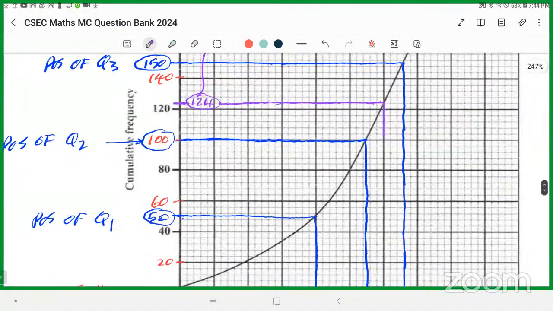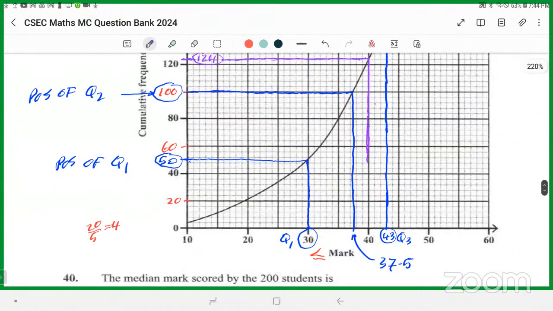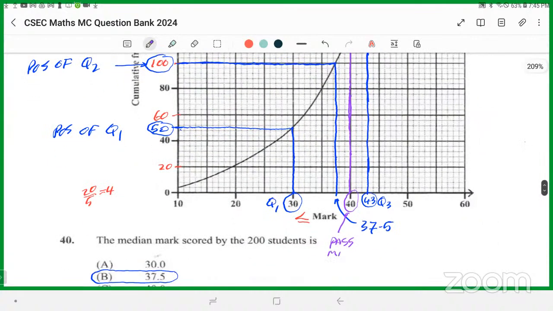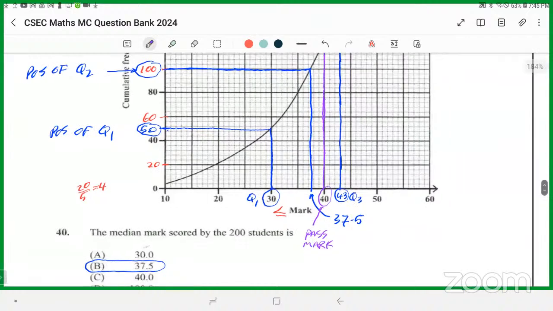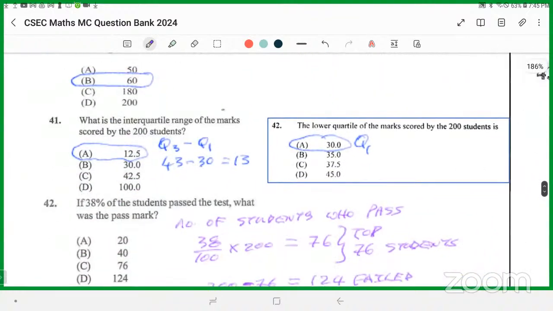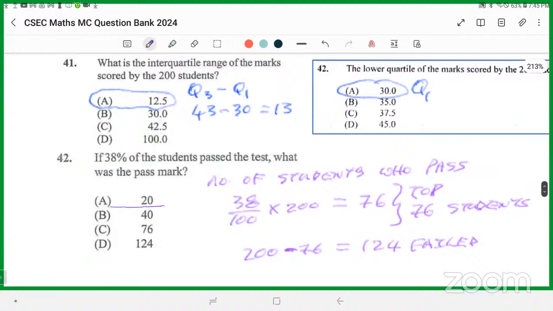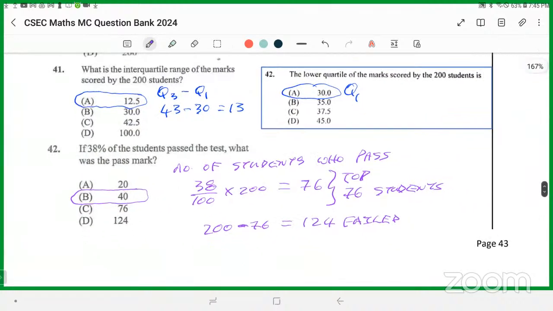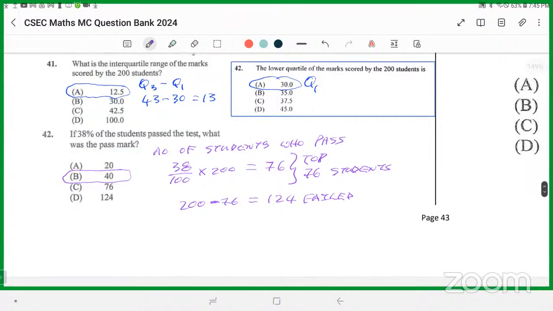Get more than this, approximately. 40 marks is the pass mark. All right, 40 marks to pass the test.